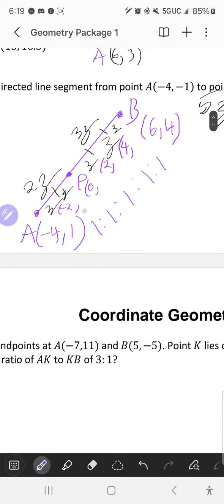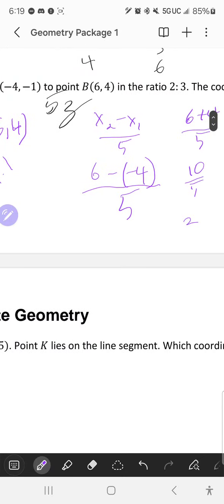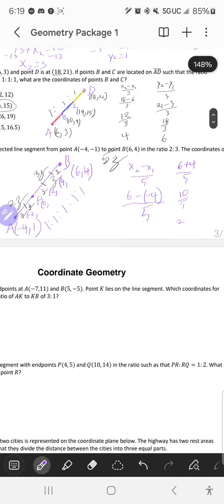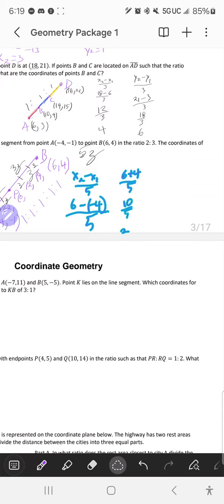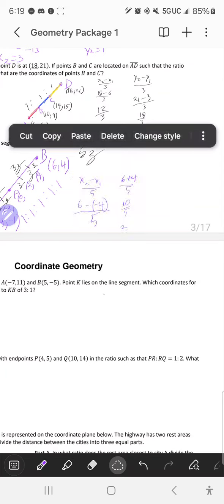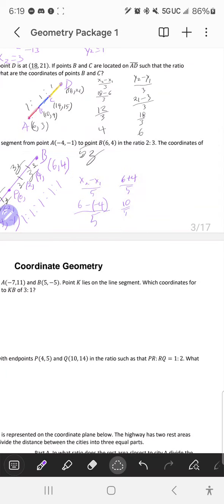Now we want to know the y coordinate. So we do the same. This is negative 1. I don't know why I put the positive one. So we substitute the values here.